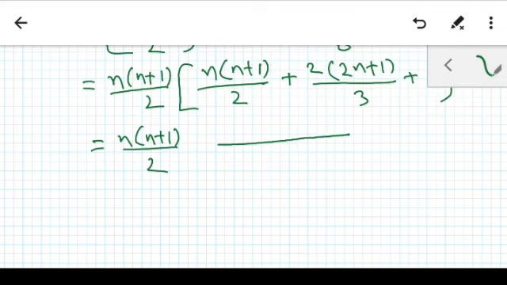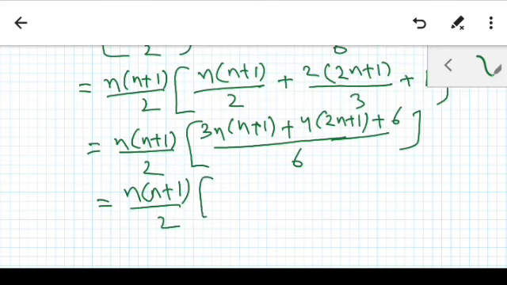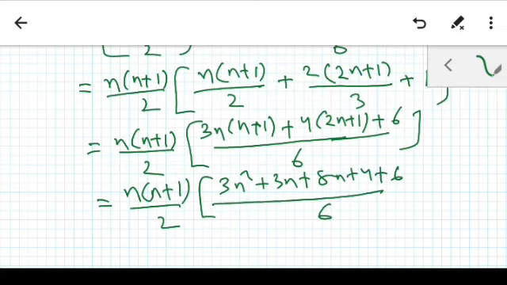Then the LCM goes like 6, right? So if LCM is 6, then we can write here this is 3n whole into n plus 1 plus this one is 4 whole into 2n plus 1 then plus 6. So it is n into n plus 1 by 2, again this is 3n square plus 3n plus 8n plus 4 plus 6 whole divided by 6.